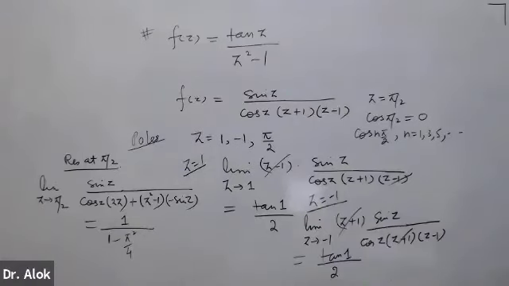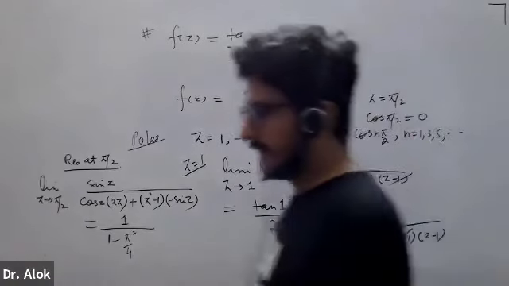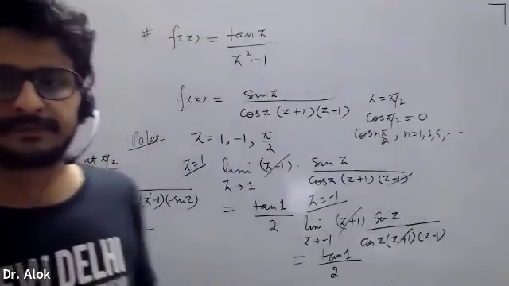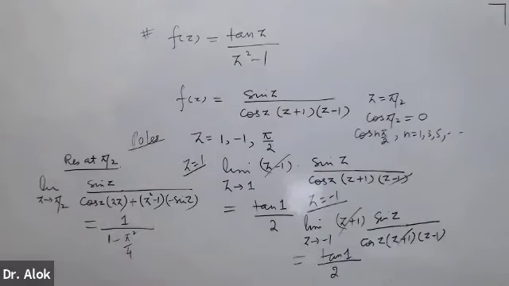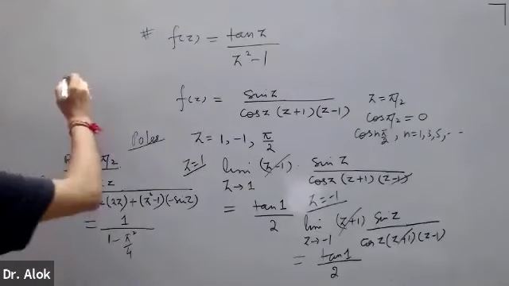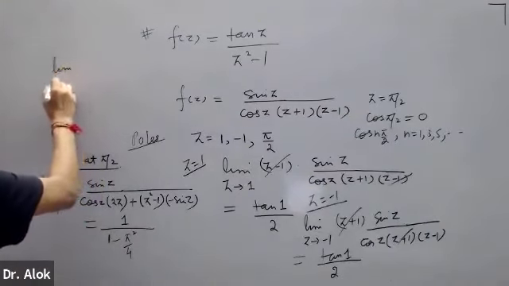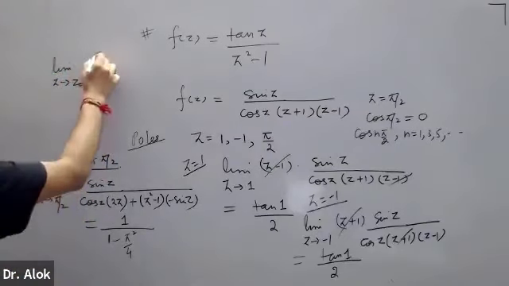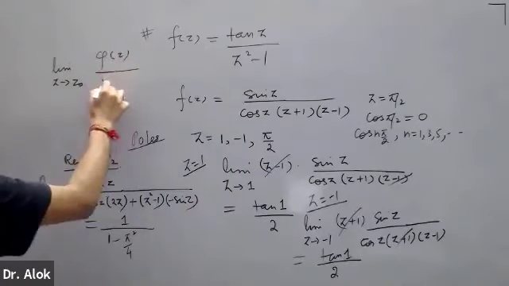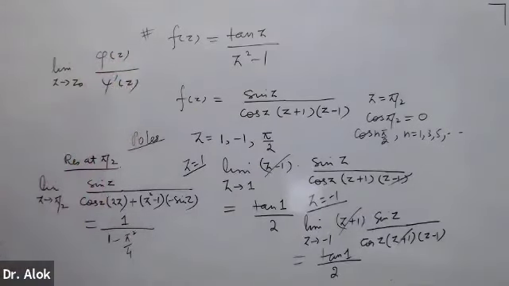Okay. Let me take another question. If this is clear, I can erase this. Sir, please tell me once how you wrote the limit z tending to pi by 2. I have used the limit z tending toward z0 of phi z over psi dash z.